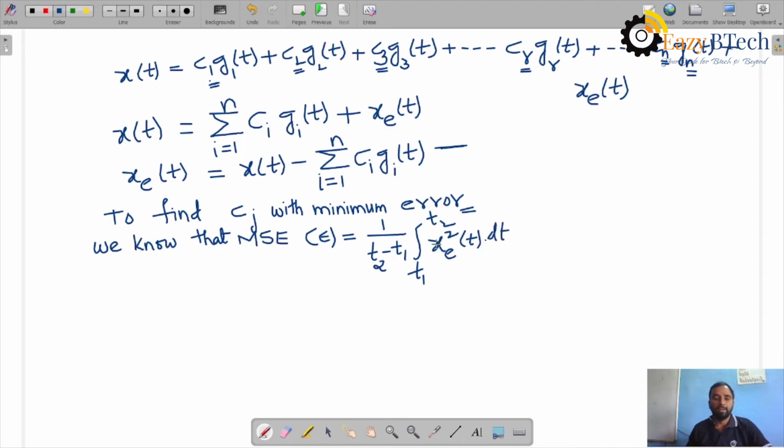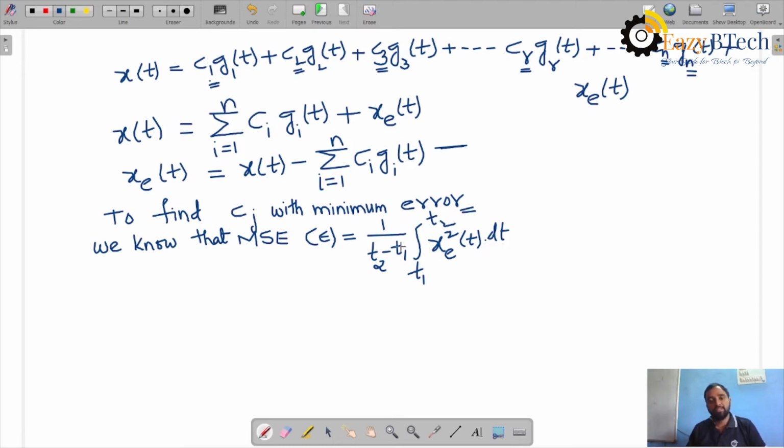This is the mean square error, right? So we have to minimize this mean square error. We are going to minimize the mean square error, meaning minimum error.